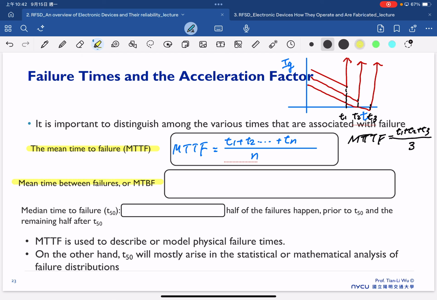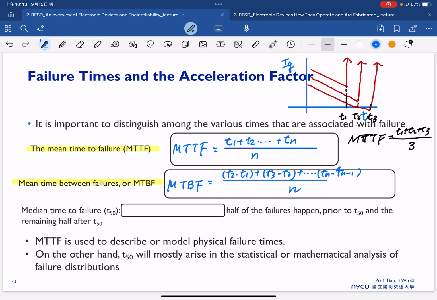That's what we call the MTBF, which is (T2 minus T1) plus (T3 minus T2) until (Tn minus Tn-1), over n.